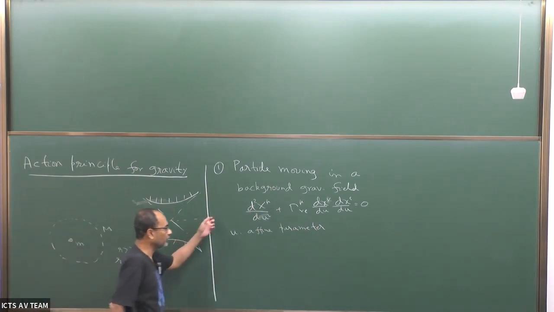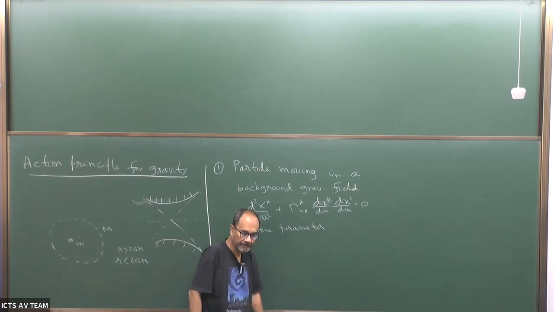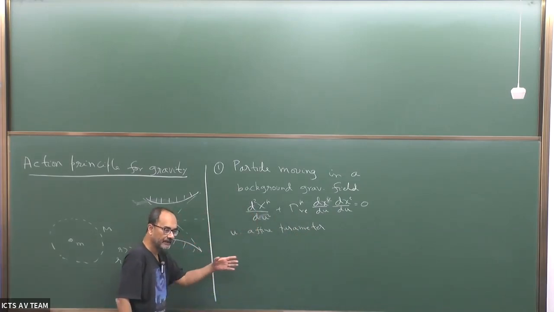And this equation we already saw can be derived from an action principle by extremizing something. Right? That's the length of the curve.